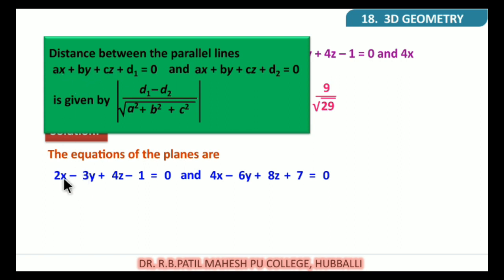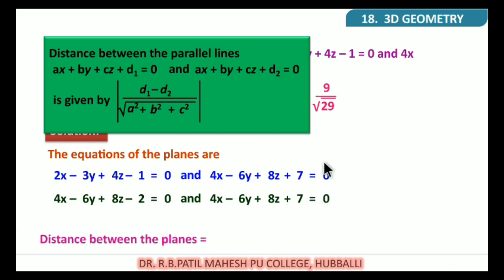Here we have 2, -3, 4 and 4, -6, 8, so we have to make them equal. We have to multiply the first plane equation by 2. After multiplying by 2, it becomes 4x - 6y + 8z - 2 = 0, and the second plane as it is, 4x - 6y + 8z + 7 = 0.